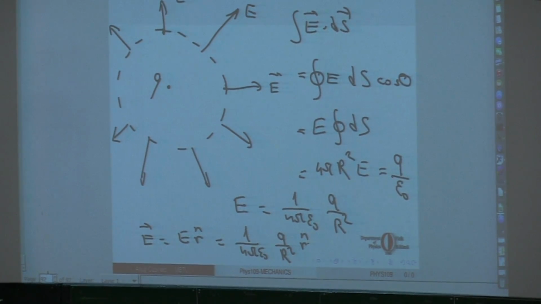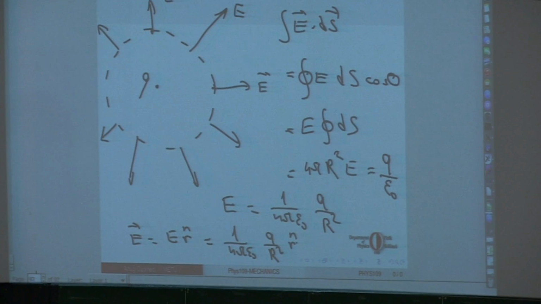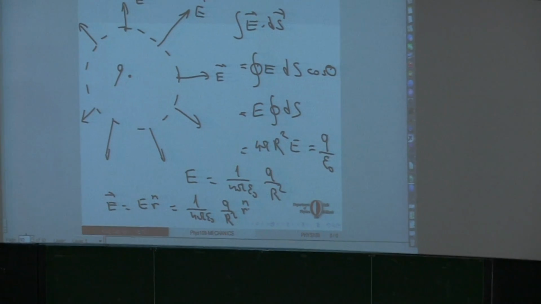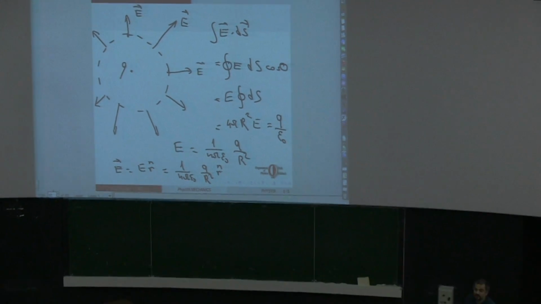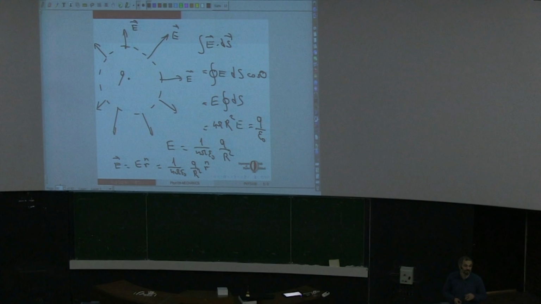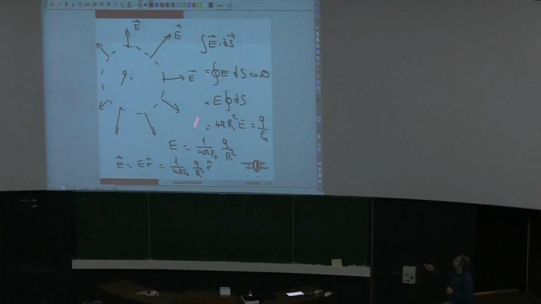Now, there are a few important steps here before we even use the Gauss law. We first had to determine certain properties of the electric field using, let's say, symmetry. In this case, we have this rotational symmetry. So the electric field had to be pointing radially outward from my charge. And on a sphere whose center is at my charge, the magnitude has to be the same. Those two things we have to determine before applying Gauss's law.